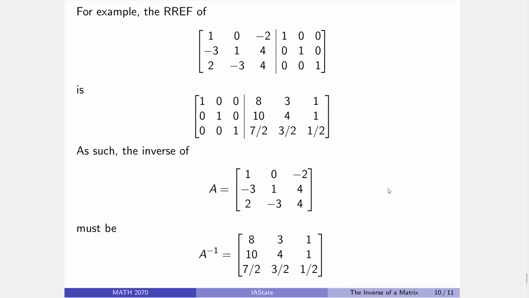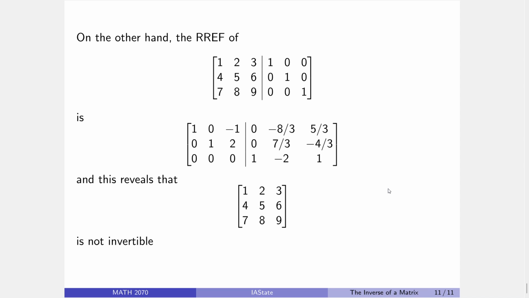And as promised, the final point, this method will also detect if you are invertible or not. So for example, if I look at my favorite matrix, 1, 2, 3, 4, 5, 6, 7, 8, 9, we've already seen the REF of this, and we know the REF of this gives us a big fat row of zeros. We can perform the row operations, but on the right here we'll get something, but on the left we note that we are not row equivalent to the identity, because I got a big fat row of zeros.